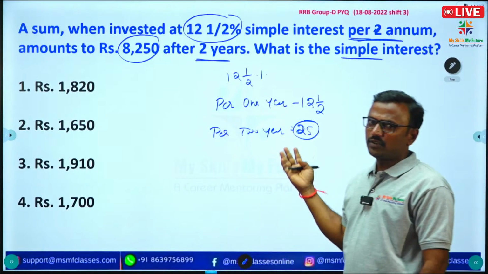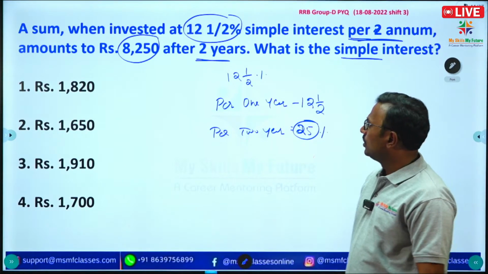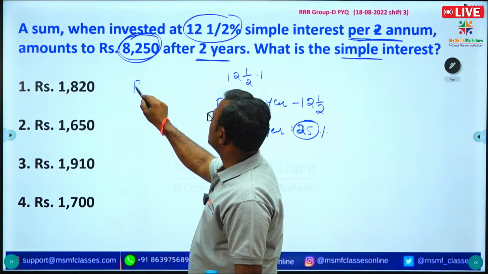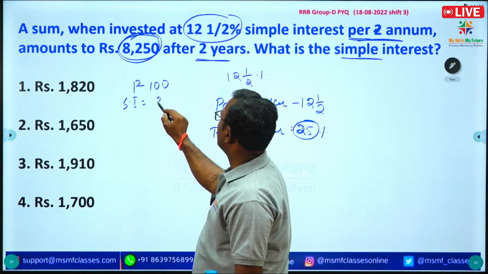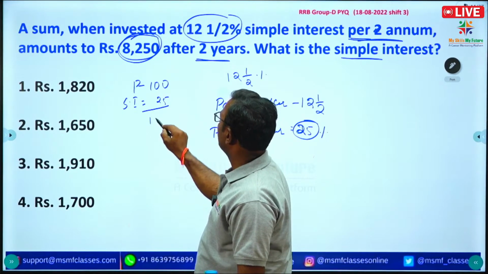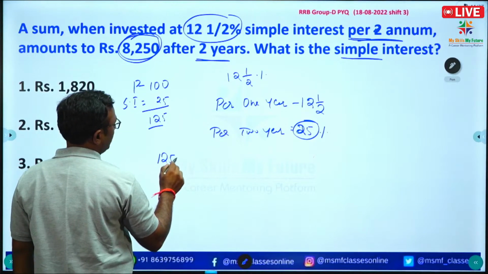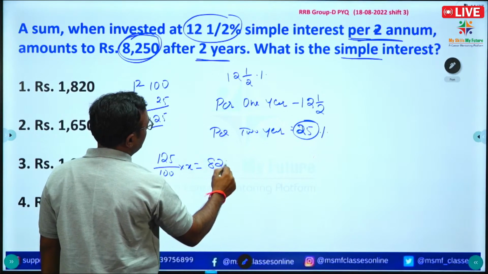For 1 year 12.5, for 2 years we get 25%. So the amount means principal 100% plus simple interest 25%, so this is 125% of x. So 125% of x is equal to 8250.